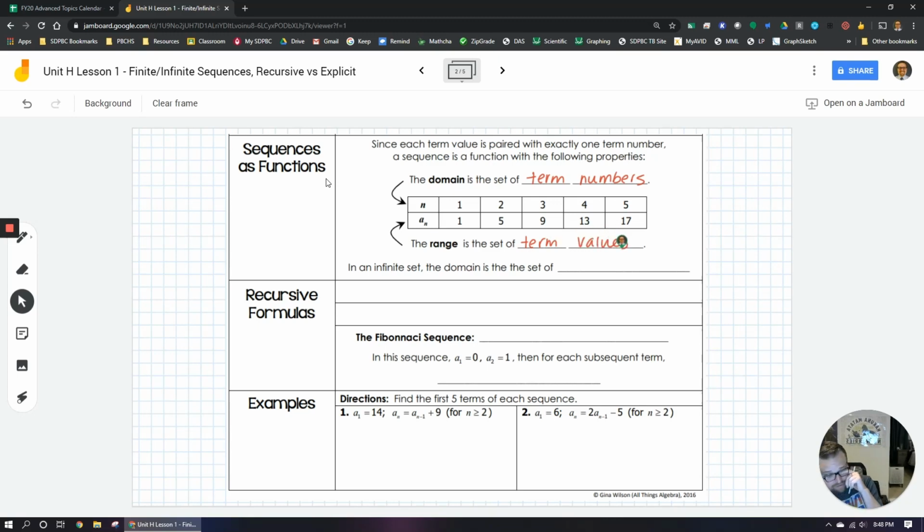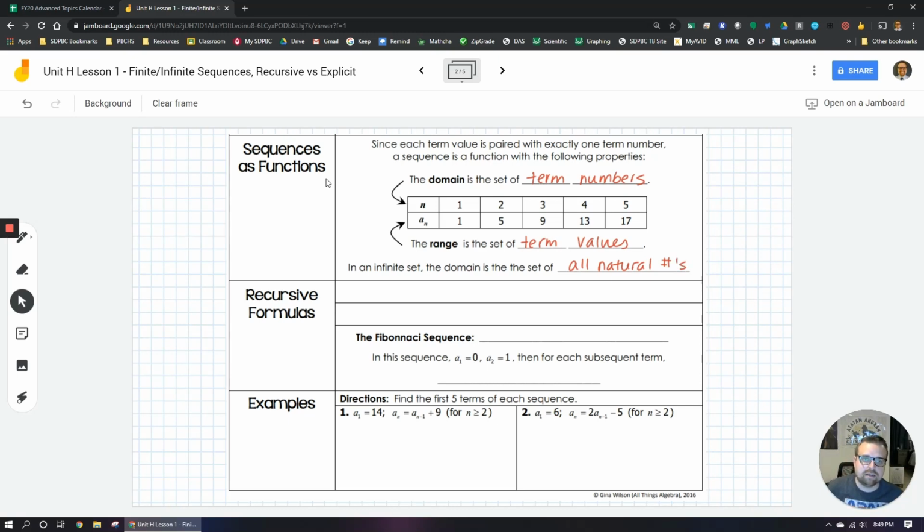And in an infinite set, the domain is going to be the numbers that you could possibly have for the input, or the x value, in this case the n value. That would be all natural numbers. So remember, natural numbers doesn't include negatives.